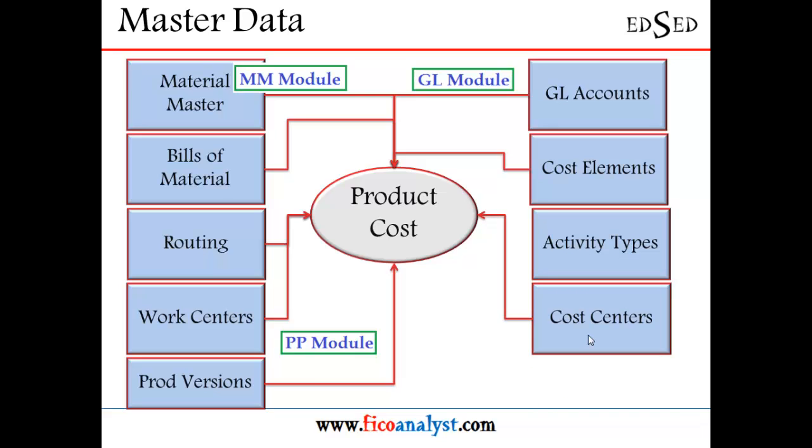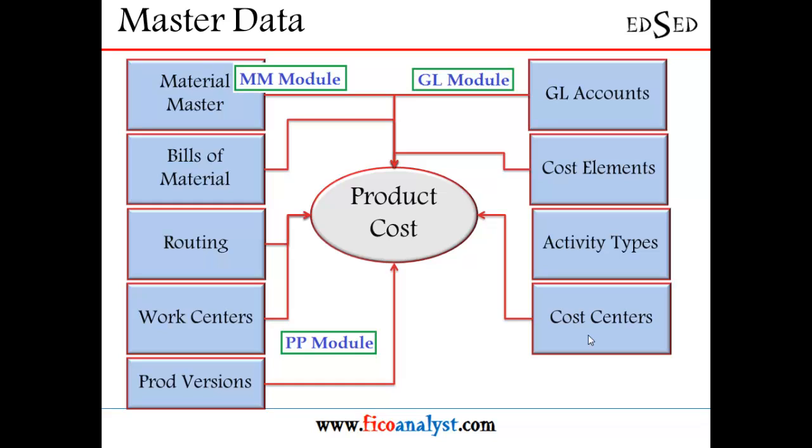The activity types are a type of master data which is used for measuring the type of activity which is performed. For example, the labor activity, the number of labor hours for the purpose of calculation of the labor cost, and also the machinery cost in terms of the number of hours that are used by a machine. All these are maintained as activity types.